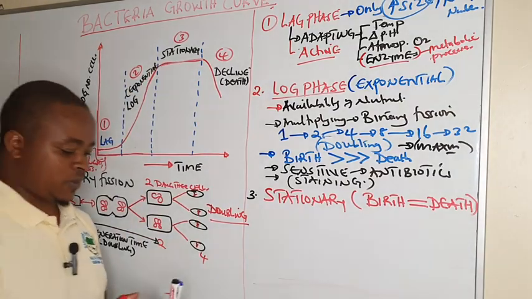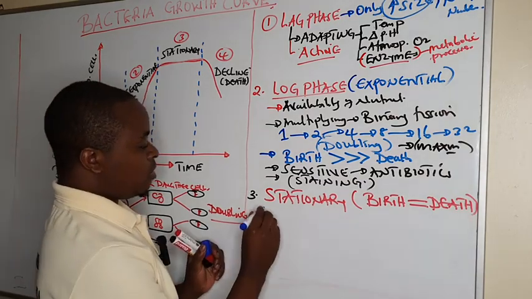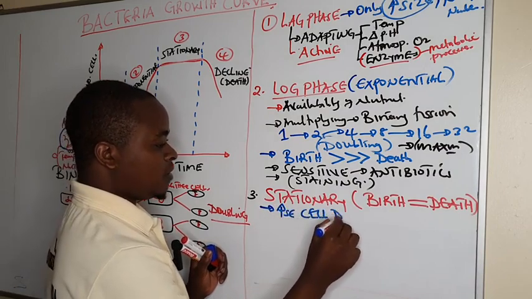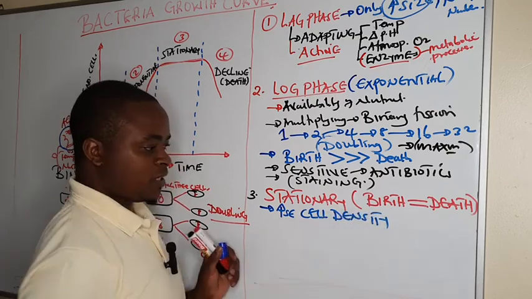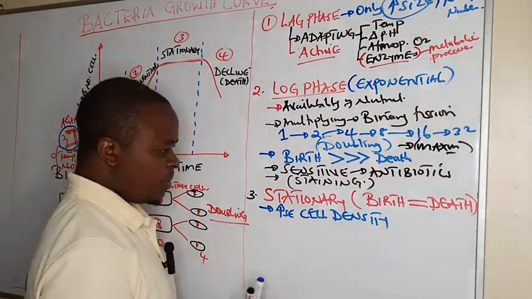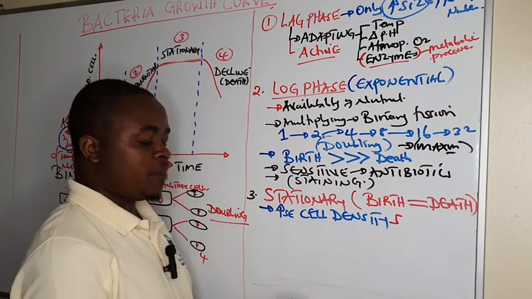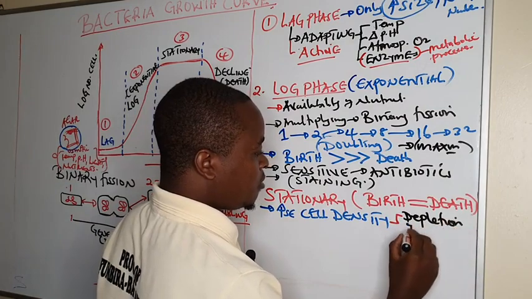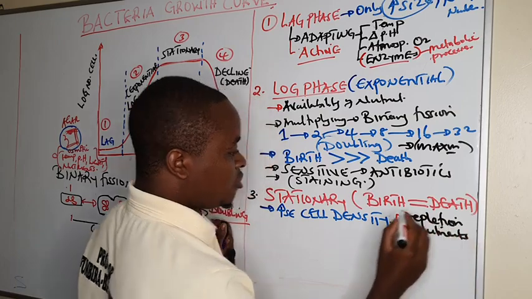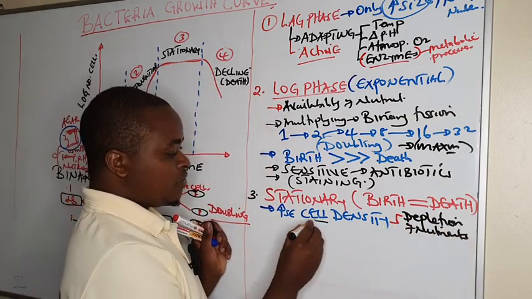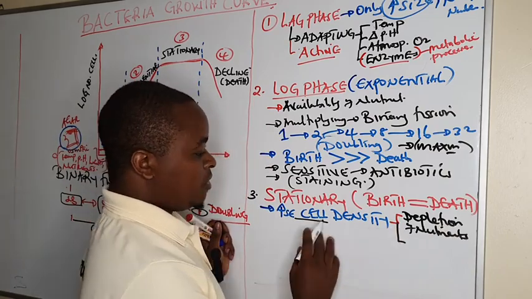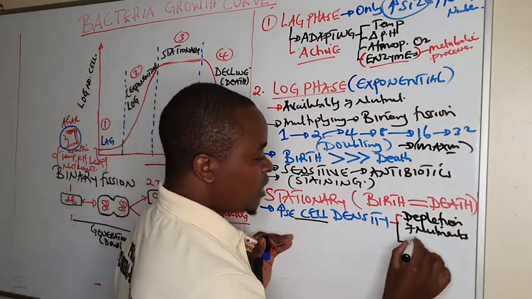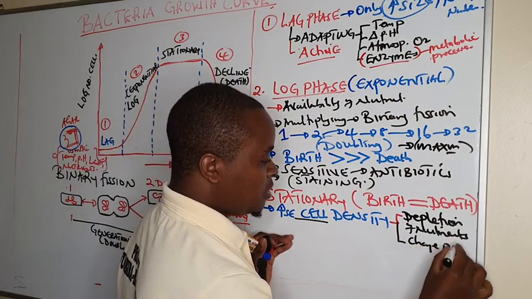And this stationary phase is brought about due to increase in cell density of the bacteria. So due to increase in the population of the bacteria, they start competing and deplete. There is depletion of nutrients due to increase in the number, and because there is increase in cells and there is production of exotoxins, they lead to change in pH.